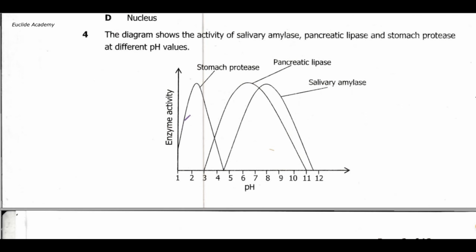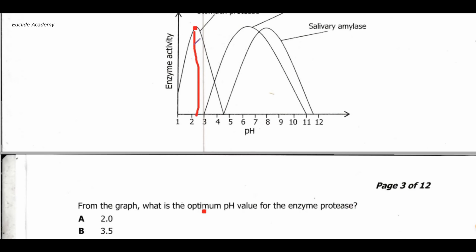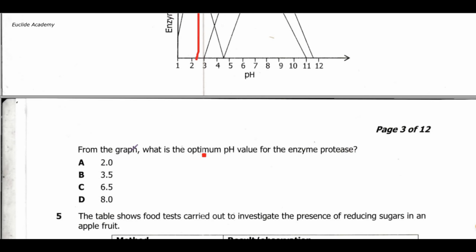On the graph of protease, it goes up and up until it reaches this point, and that's when it drops. This is the highest, the optimum point. What value do you get down from there? Somewhere around 2. My line is not very straight there, but it should be around 2. So the optimum pH value for the enzyme protease is 2.0.